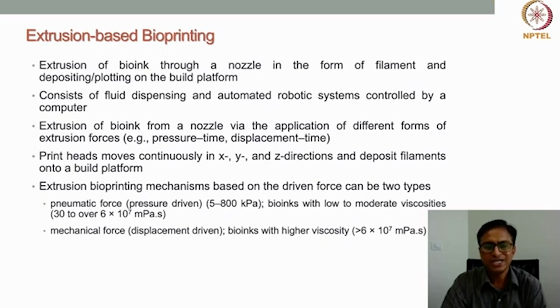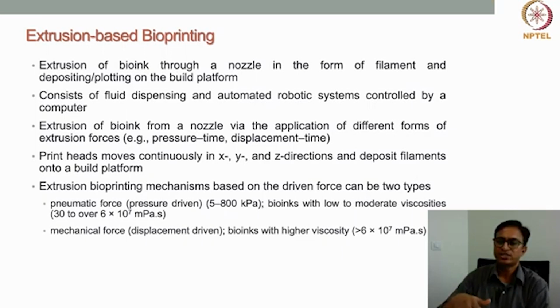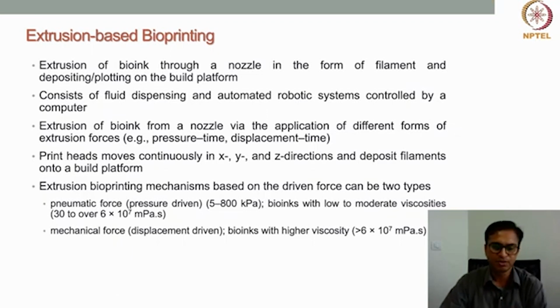Now the printhead can move in all three directions, XYZ, and deposit the filament on the build platform. In certain bioprinters, the printhead can move in XY and the stage or build platform can move in Z direction. In certain other extrusion based bioprinters, the printhead can move in all XYZ directions. So any type of combination is possible.